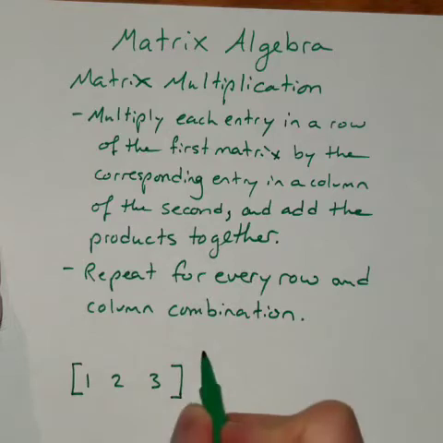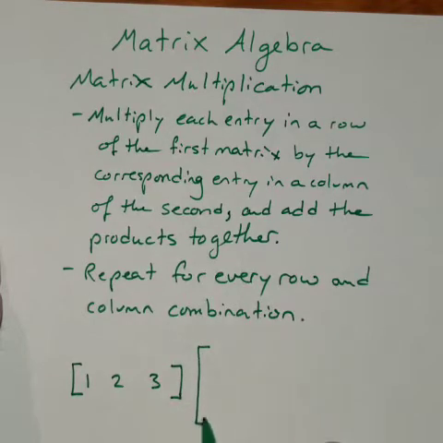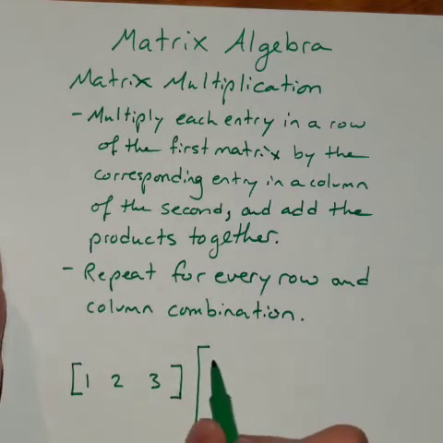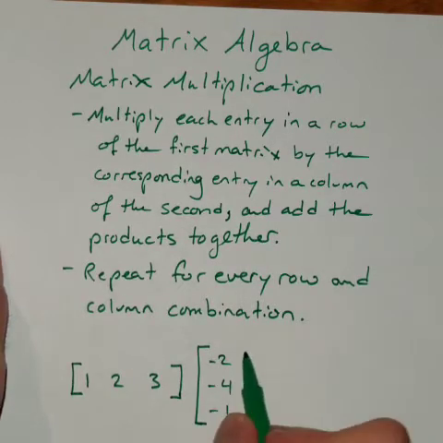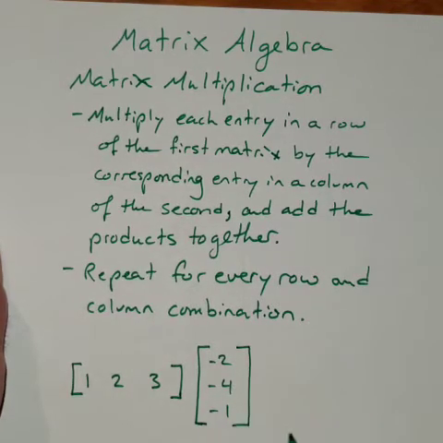And then we'll multiply by a column matrix. Now it has to be basically the same size. The column has to match the row so we can get the right entries in here. So maybe I go -2, -4, and -1. I don't know, we'll just throw some negatives in there.